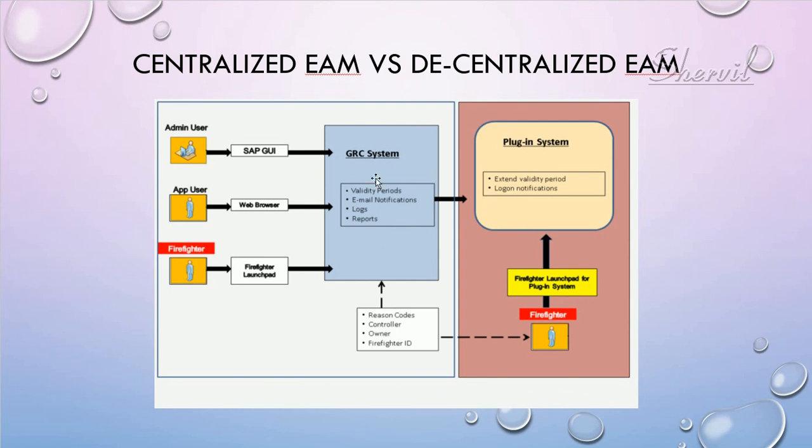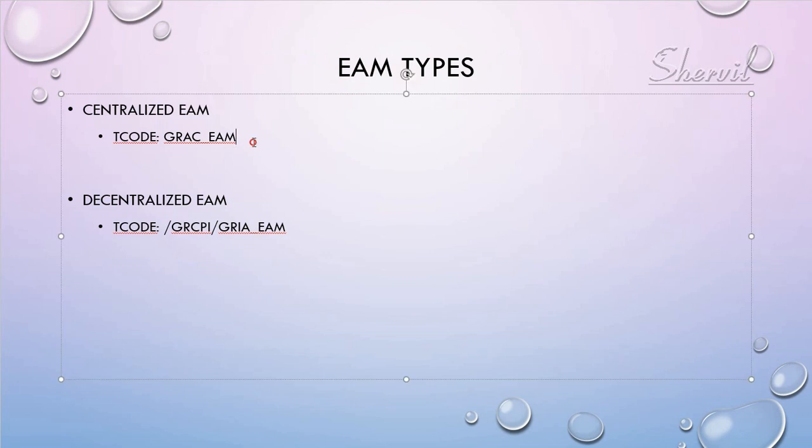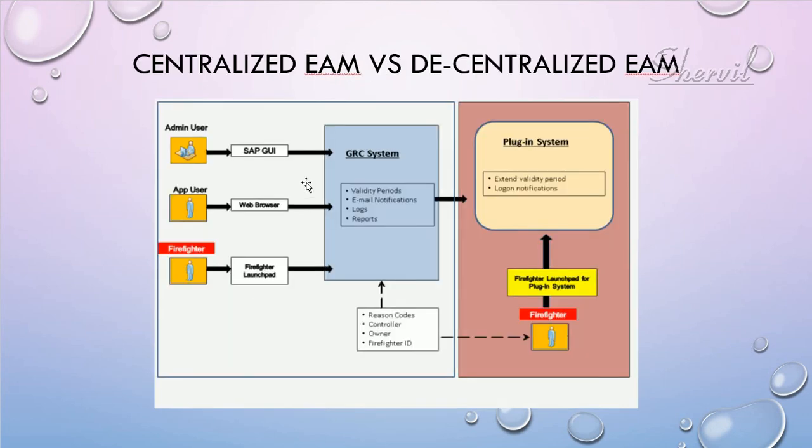And in the centralized EAM system, along with the validity period and the email notification, you can also check the logs and the reports. And the firefighter launchpad in the centralized EAM system would be with the transaction GRAC_EAM.